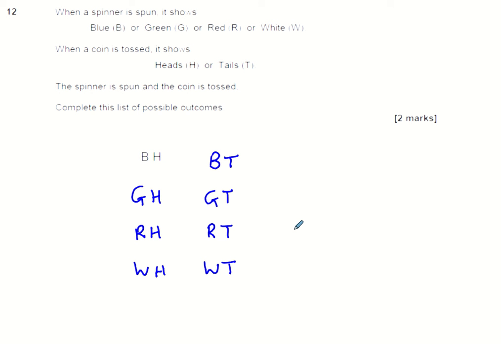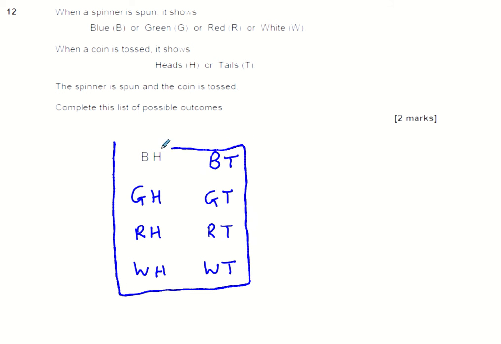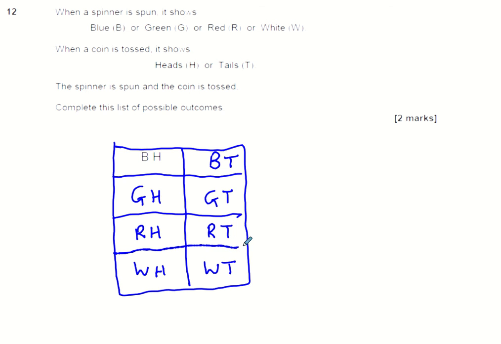If you are not confident in writing down all of these or are unsure whether you've missed any, you could also have done this question inside something called a sample space diagram, which basically is a table of values which allows you to see all the possibilities. So if I draw the table in, down one side, which is going to be the left, is going to be our spinner, which means we could have got blue, green, red, or white.